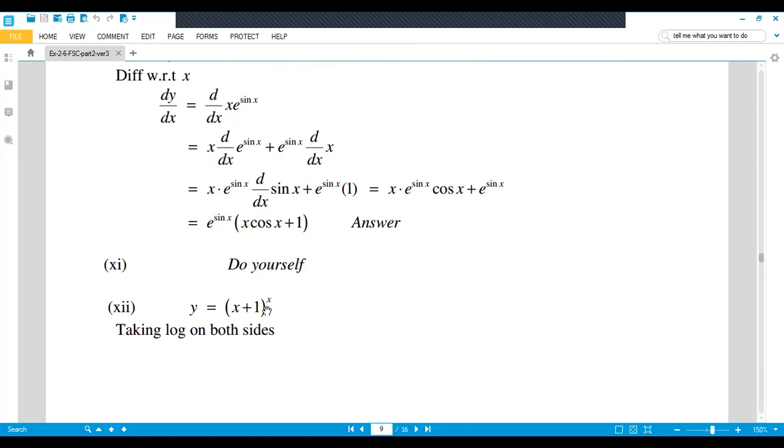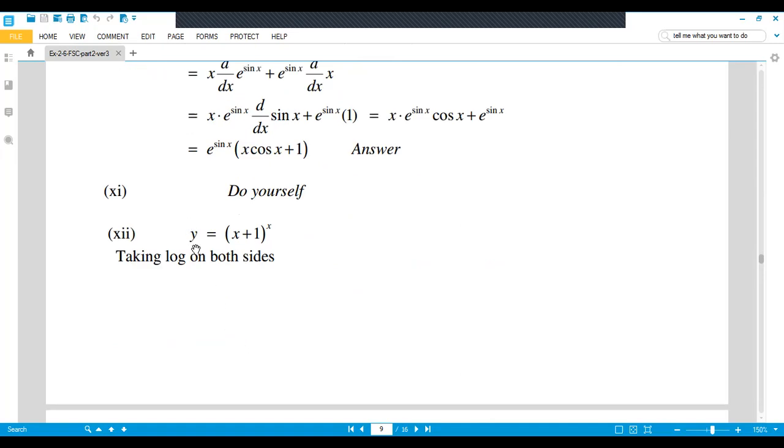If you have a variable with a variable power and you want to differentiate it, remember one thing: if you have some constant number in the power, you simply take the derivative and the power will come as a coefficient. But if you have a variable with a variable in the power, then you solve it by taking log on both sides.